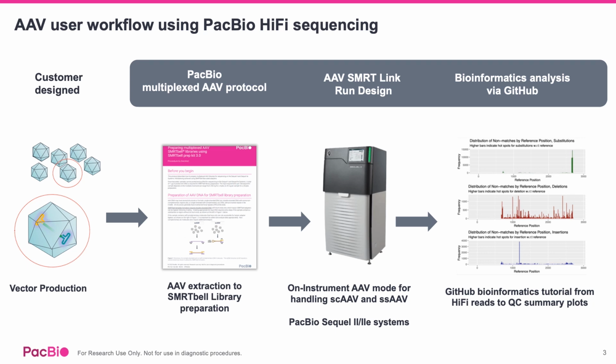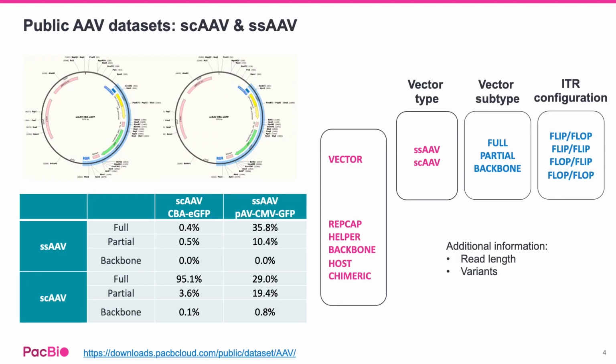So this is a currently released public AAV data set. We've released both a commercially available self-complementary and single-strand AAV. Our sequencing data and subsequent analysis can separate these sequencing data into different types, such as coming from the vector genome, RepCap, helper, backbone, host genome, and chimeric events between any of these quote-unquote genomes.